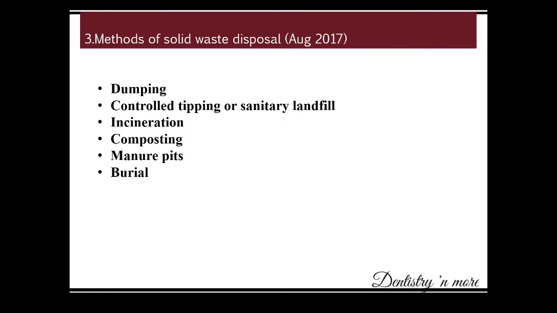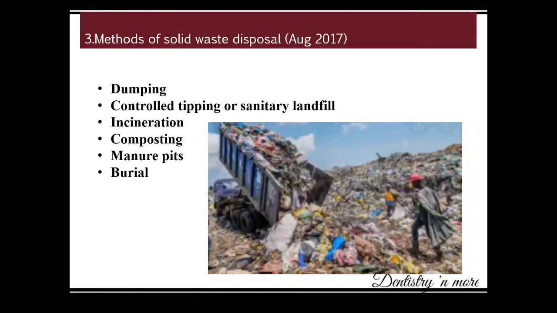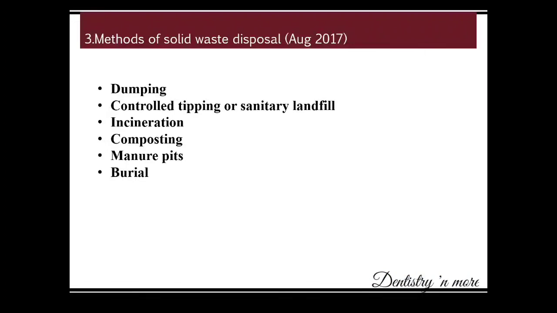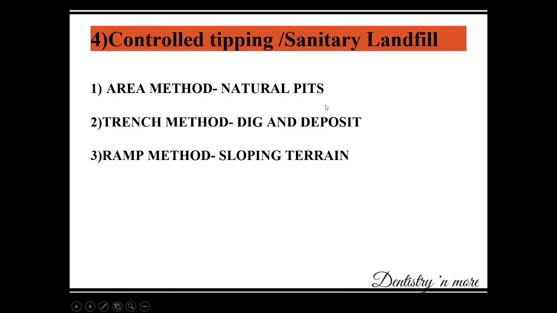Then the methods of solid waste disposal; we have already seen what composting and incineration are. The first method is dumping, that is just open dumping. It will create lots of problems, nuisance, rodents, and problems of smell and odor. A little better is controlled tipping or sanitary landfill.